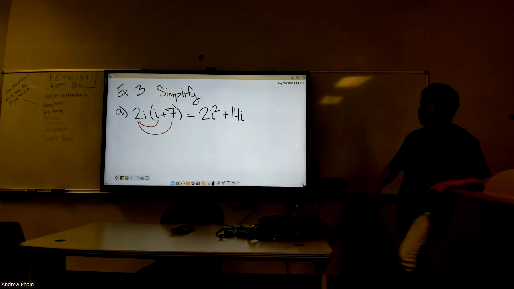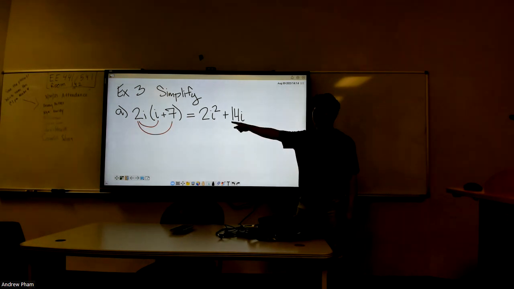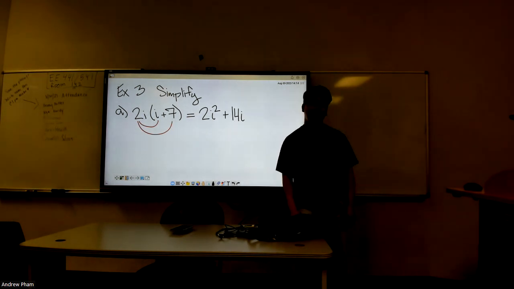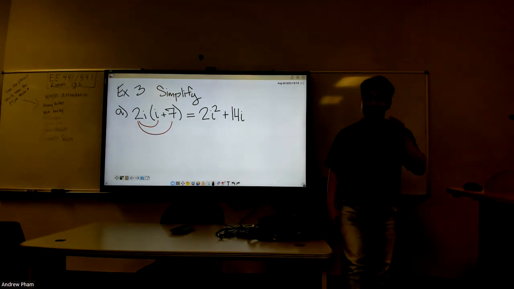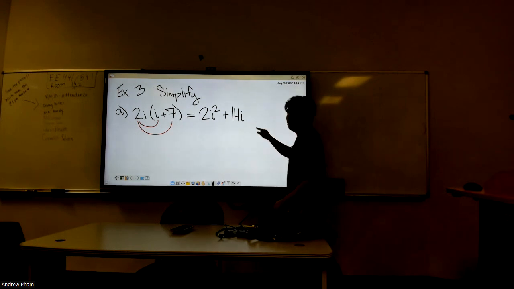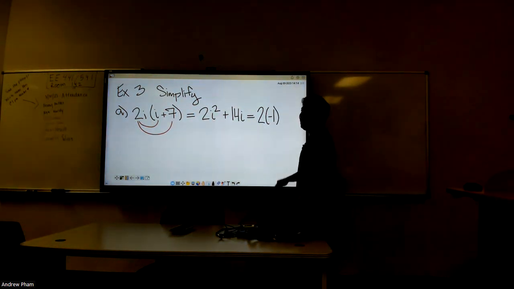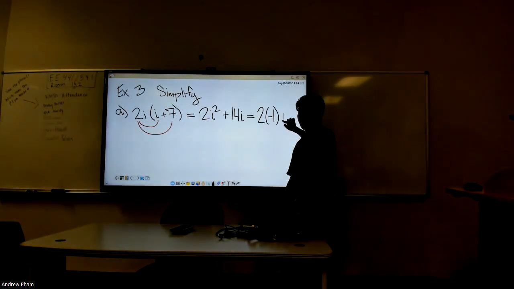So somehow this 14i, I don't got any issue with that. But this i squared, somehow I need to get rid of the i squared. What can I possibly do? Yeah, you're going to get sick of me saying this over and over again. i squared is -1. So really, I can say instead of i squared, that's -1 right there, plus 14i.